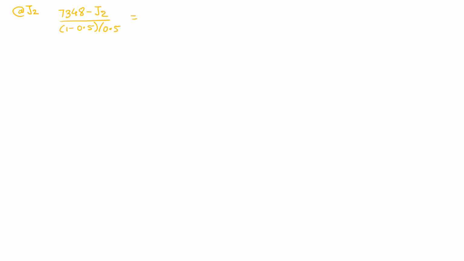Areas will cancel out again, equals J2 minus J1 divided by area, 15 meter square, divided by 10 meter square into 0.39. Okay, plus J2 minus 459, which is J3, 1 divided by 0.41.